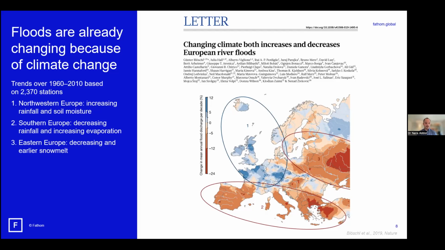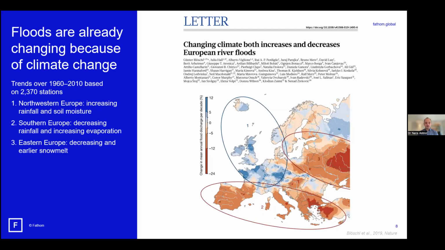Region 1, northwestern Europe, where we are, where the UK is, experienced larger flood peaks over the last 5 decades. And this is because of an increase in rainfall and soil moisture, meaning that there is more water available to generate floods. But interestingly, if you look at region 2 and 3, the red, so in Southern Europe, they found that there is a decrease in rainfall and an increase in evaporation, meaning that there is less water available to generate floods.